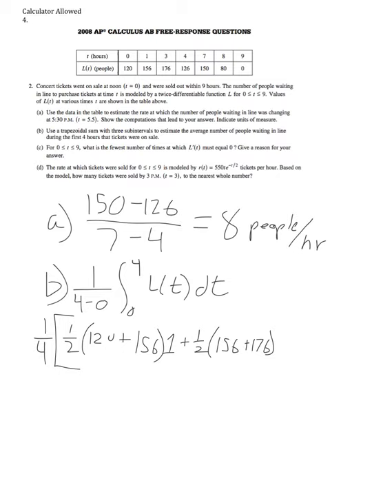Now the width from 1 to 3 is 2, and then the last one: base 1 is 176, base 2 is 126, and that's times 1 because we're going from 3 to 4. There we go.